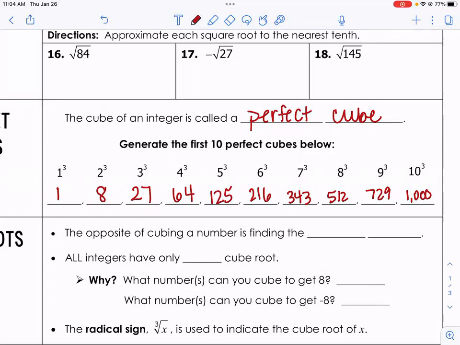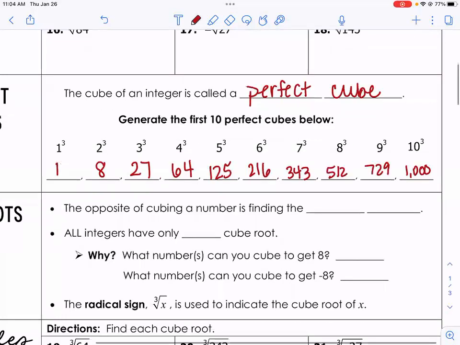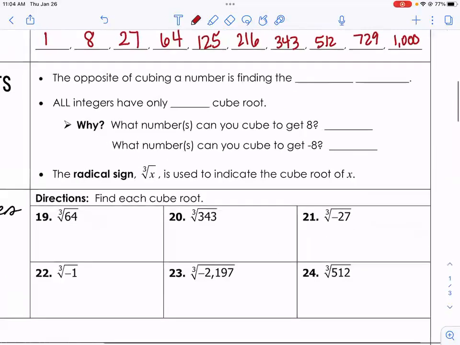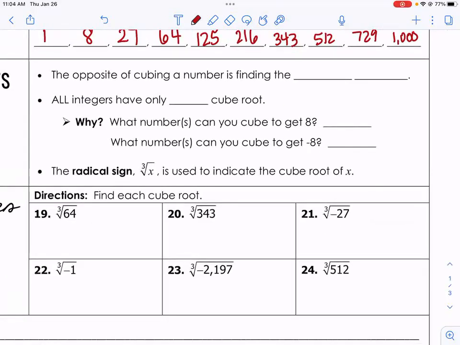Okay, all right, so why are we talking about perfect cubes? Well, we are also going to discuss cube roots. The opposite of cubing a number is finding the cube root.